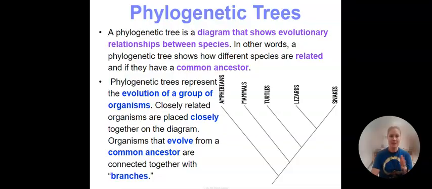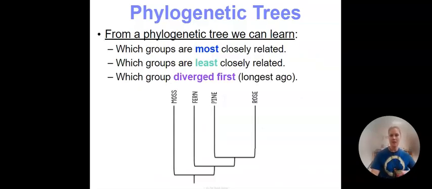This tree tells us that all 1, 2, 3, 4, 5 of these species share a common ancestor. From a phylogenetic tree, we can learn which groups of organisms are most closely related, which are least closely related, as well as which groups diverged first, or are the oldest, or the most unrelated to everyone else.